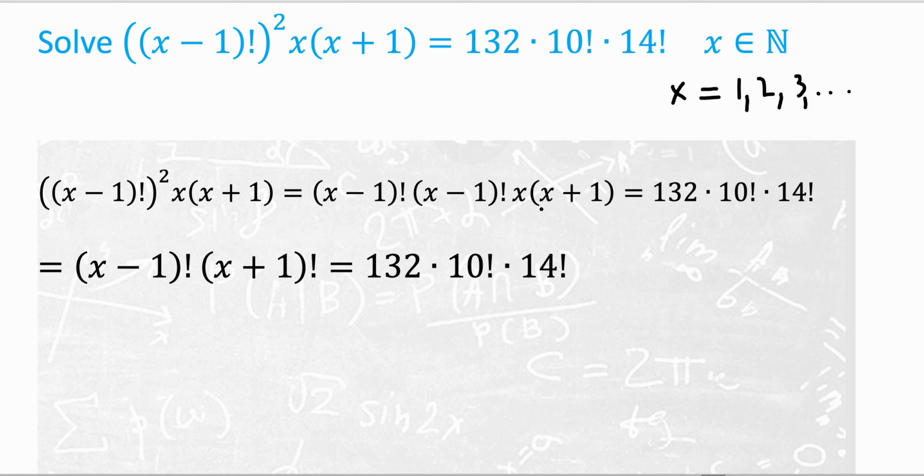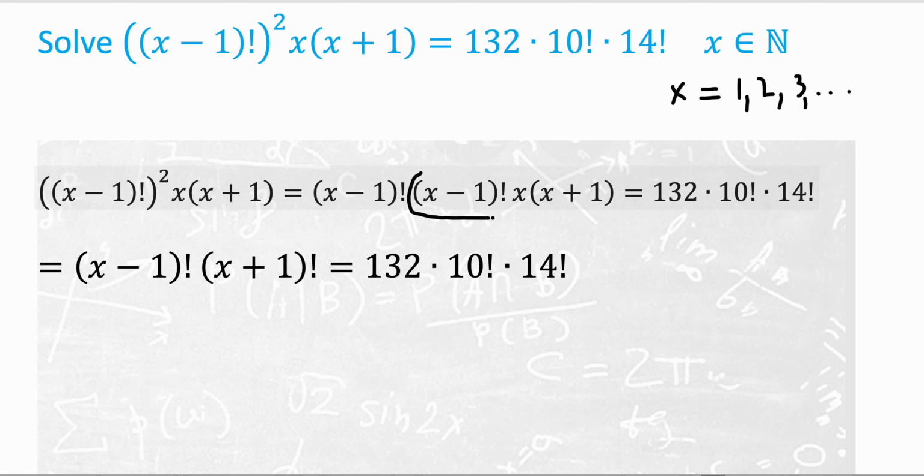Okay. Now, the very first, all I did is recopy the statement right here. And going from this line to this line is just the definition of what it means to square something. We split it apart into two separate factors, (x minus 1) factorial times (x minus 1) factorial. Okay. And now, notice this piece right here, let me see if I can get this circled.